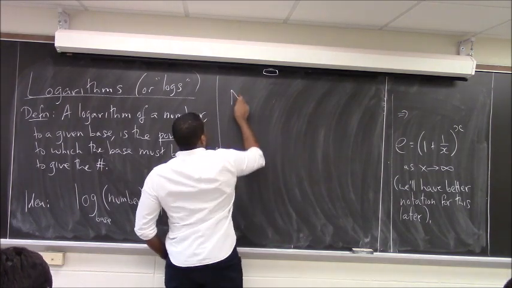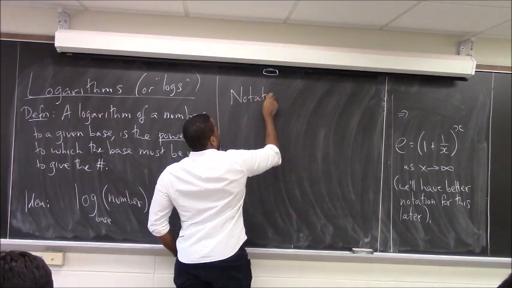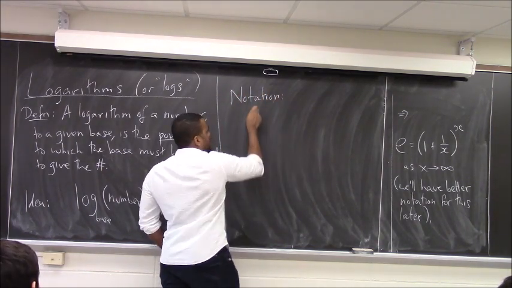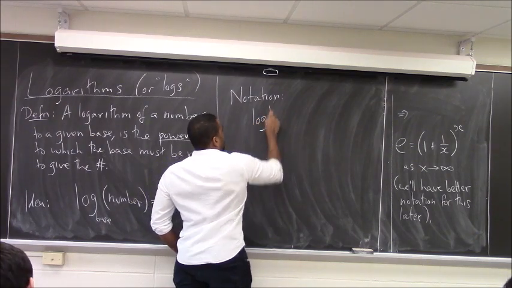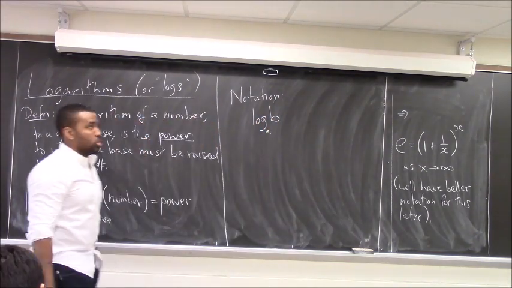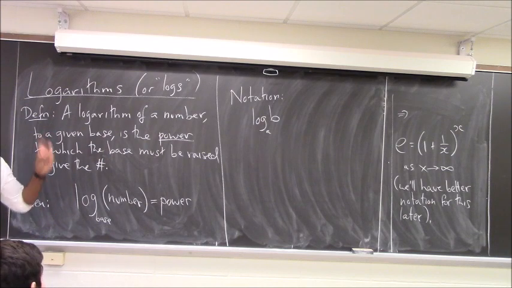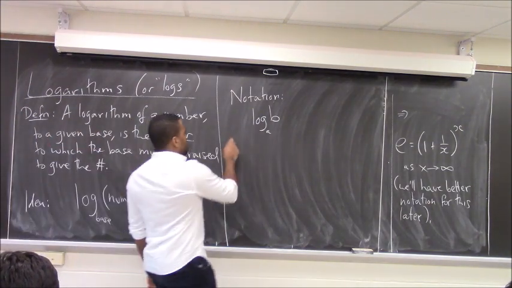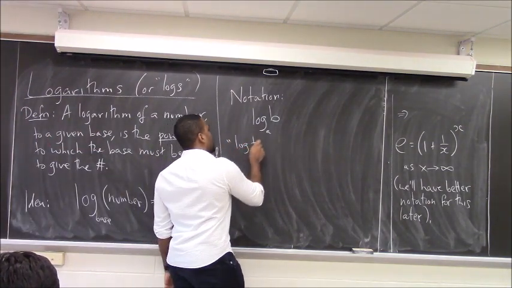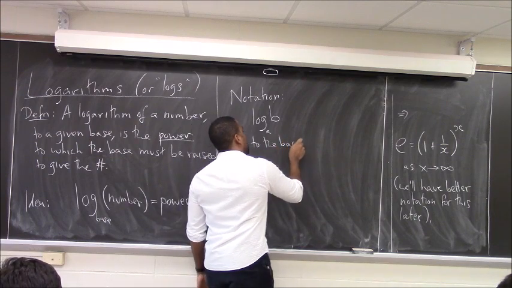So the notation here will look like this when you're writing it down, oftentimes. Log to the base a of b. Right? So you'd read that as log to the base a of b. That's how you read that expression.